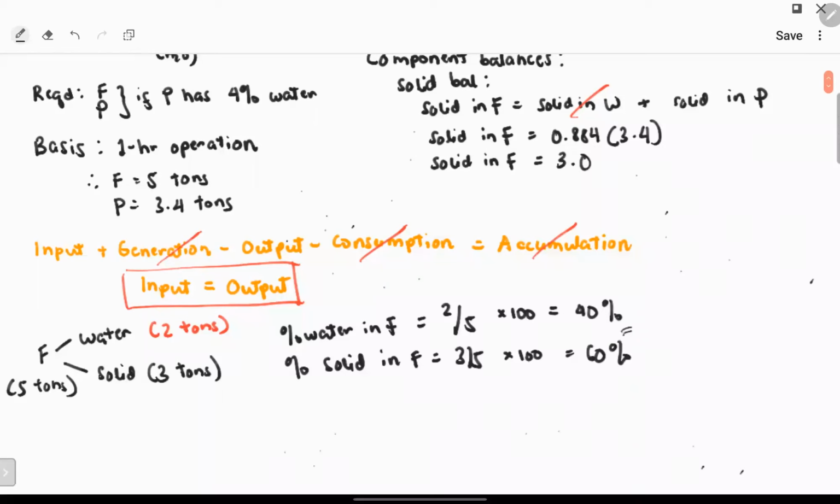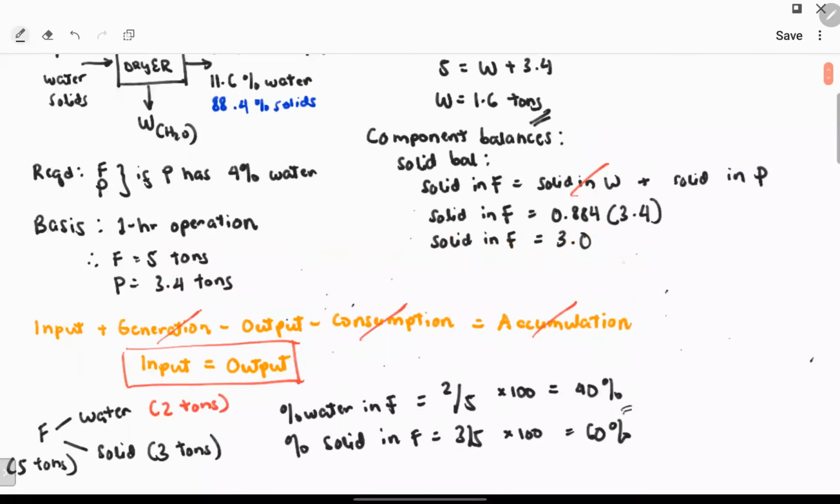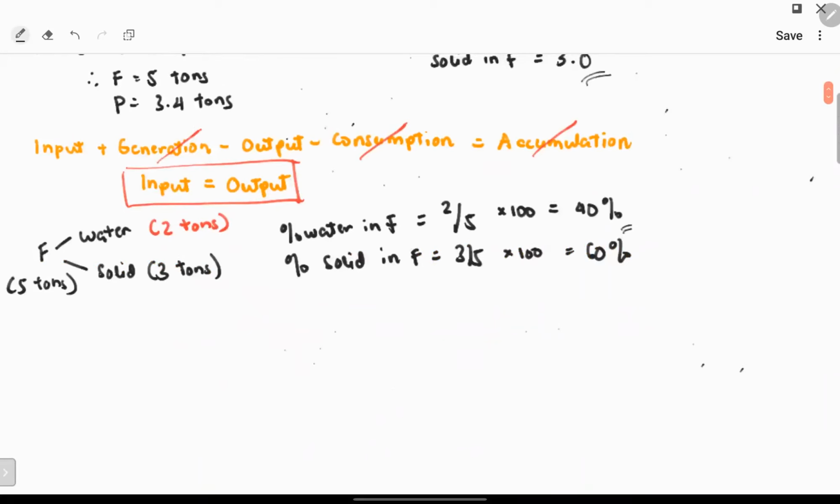Now earlier we performed a solids balance, right? You can actually perform a water balance as well to check. So let's just do that to check. Water balance.